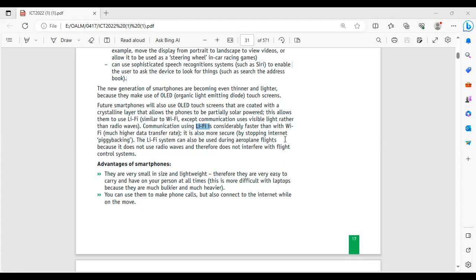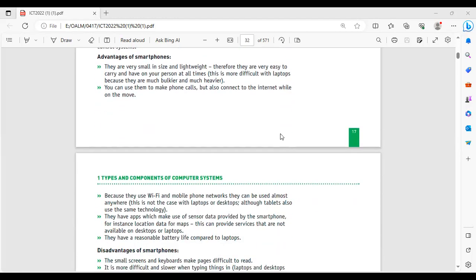So okay, Rehan, can you go through advantages and briefly explain to us? Yes, are you ready?